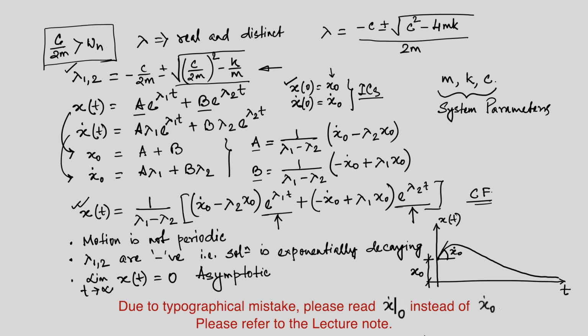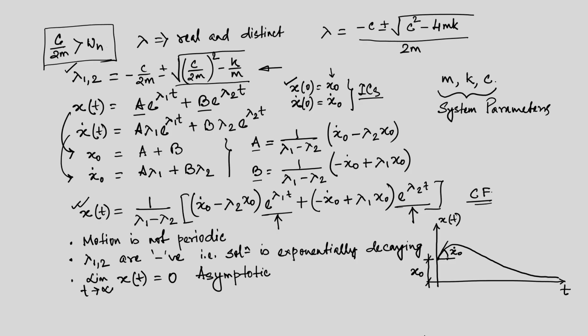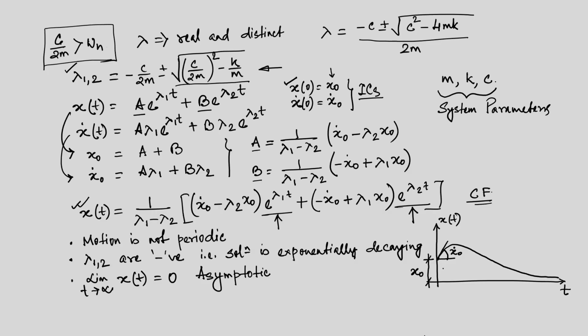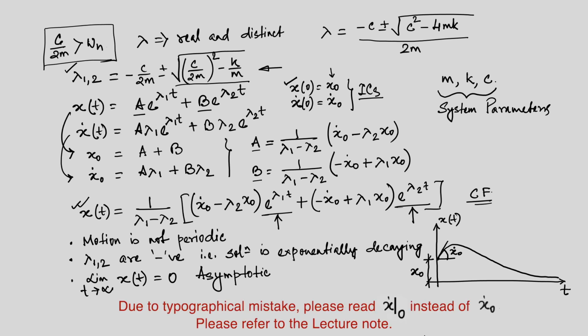Now, if we have x naught dot equal to 0, obviously it will start with a horizontal slope and then gradually move towards the 0 line. There is a third possibility, if you have x naught dot which is negative. That means, at t equal to 0, the system has a negative velocity. So, it will go towards the negative side, and I will leave an exercise: just check whether the solution can cross the 0 line or not.